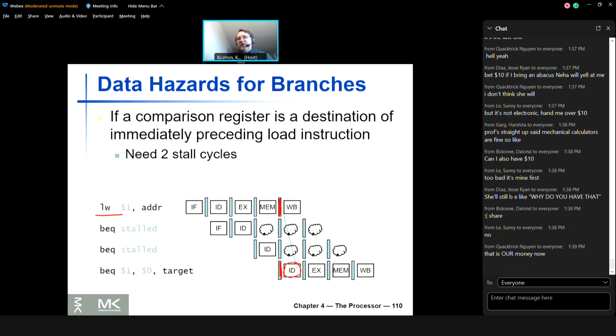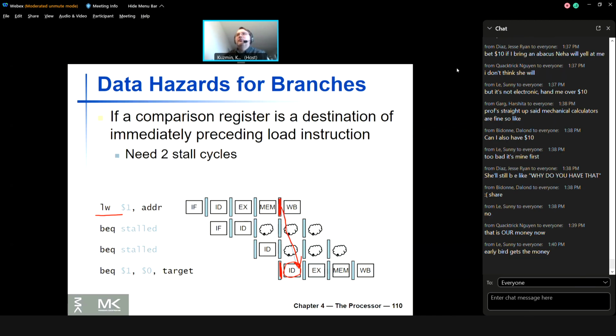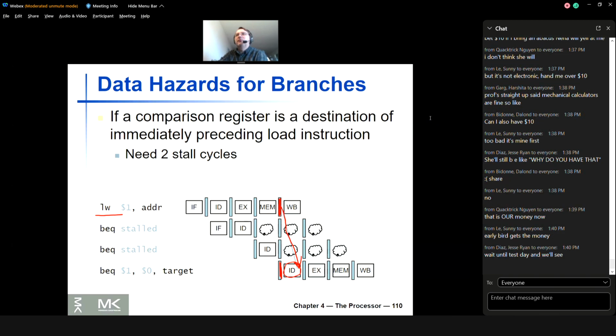Okay, and now we see that the dependency goes forward. Otherwise, if we remove these 2 bubbles, the dependency would go backward in time.